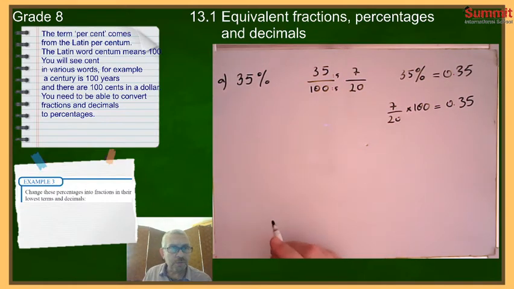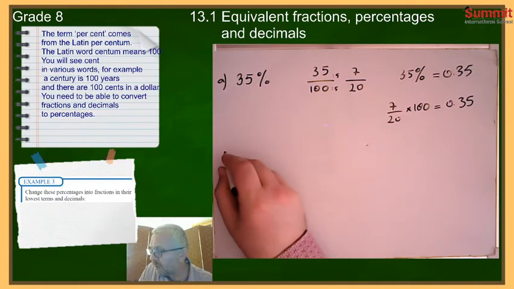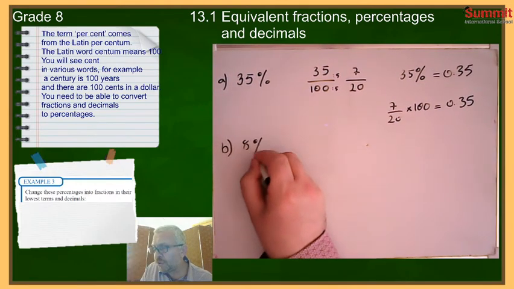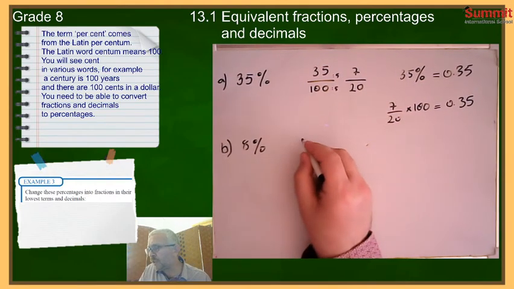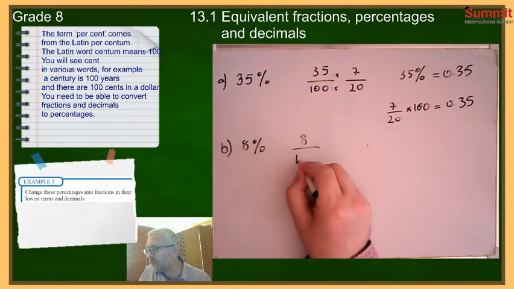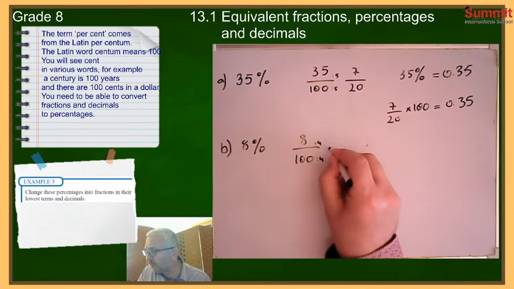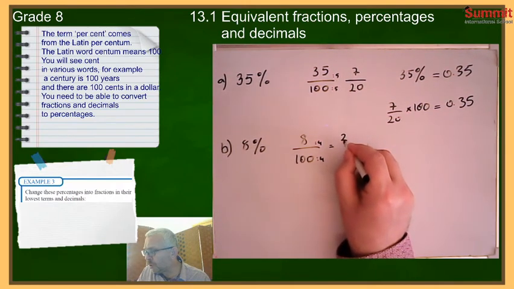Now let's go to B. B is equal to 8%. 8% as a fraction, we can write 8 over 100. If we simplify here by 4 and here by 4, we get 2 over 25.